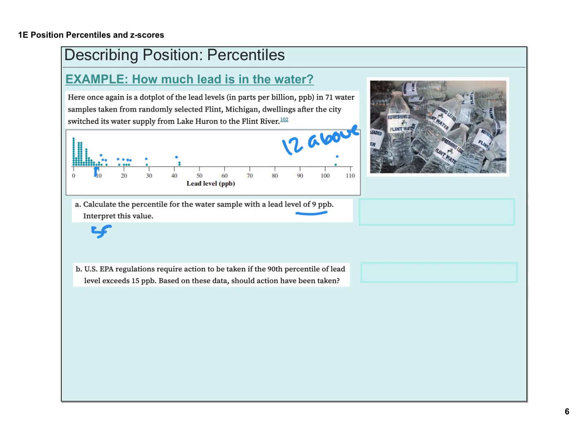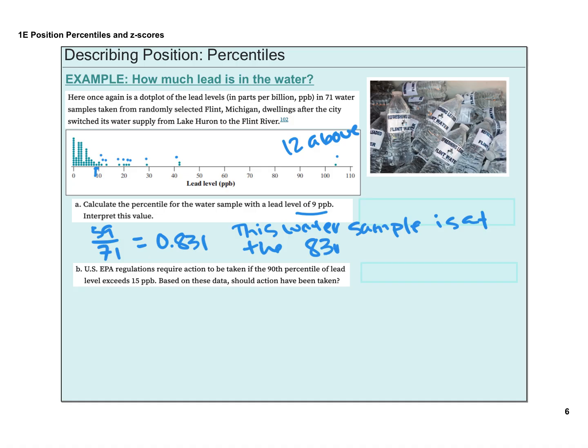So 59 out of 71 gives me my percentile. And when I do that decimal out, I have 0.831. So then the way I would write that out is I would say this water sample is at the 83rd percentile.